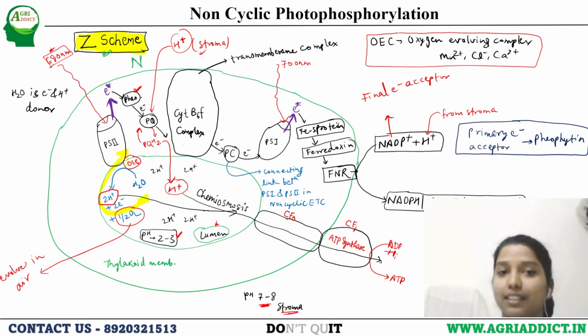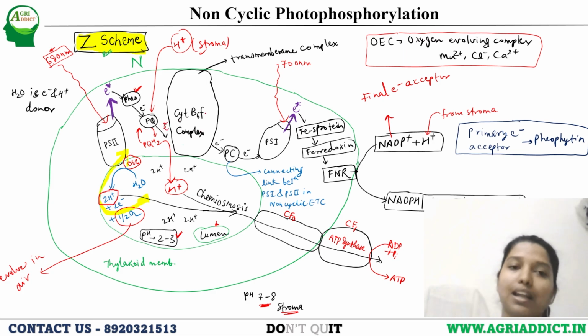So as an analogy, the electron is the samosa for plastoquinone, and if the samosa is there, plastoquinone needs chutney also. So it will take one H plus from the stroma, transfer this H plus to the lumen, and then pass on the electron to cytochrome b6f.